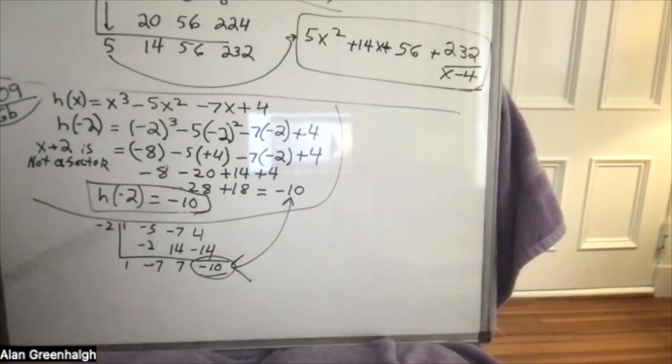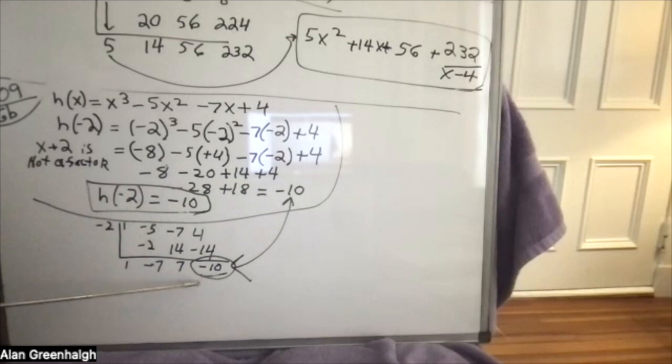Look how beautiful this is. I've gone very overboard when it came to the synthetic division. But look how nice that worked. 1 times -2, and if you do the signed numbers correctly, there's the remainder.